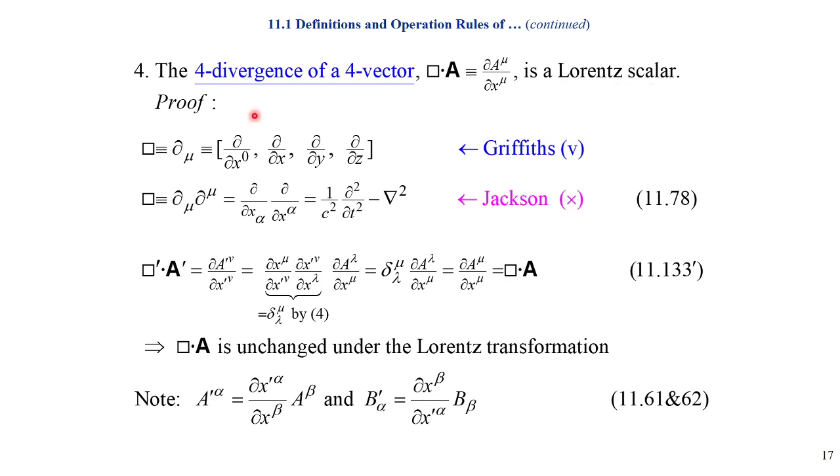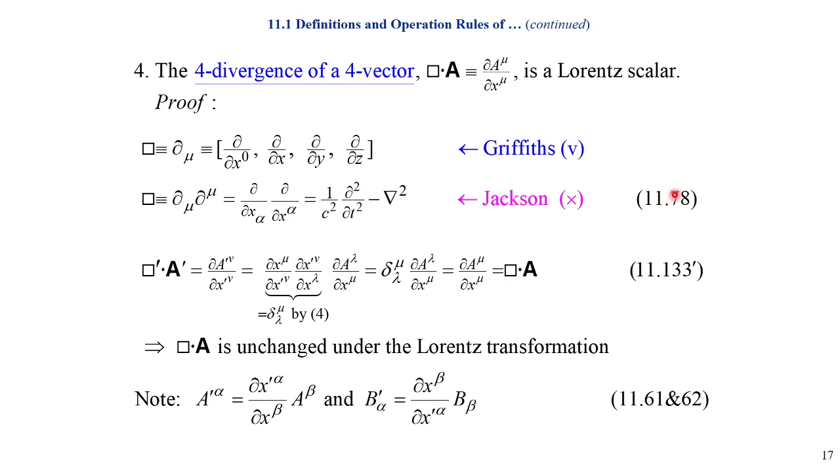So for the proof, step one is to define the notation as this, just like del in three dimensions. So partial mu can be written as this. That's Griffiths' notation. However, unfortunately, Jackson's symbol is incorrect.